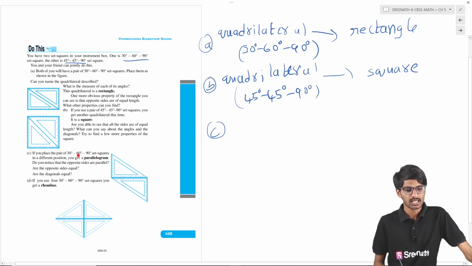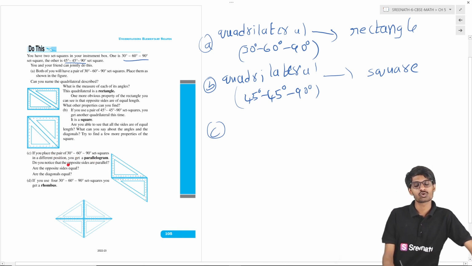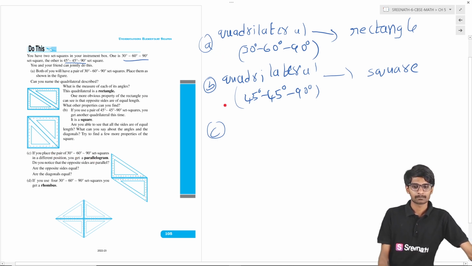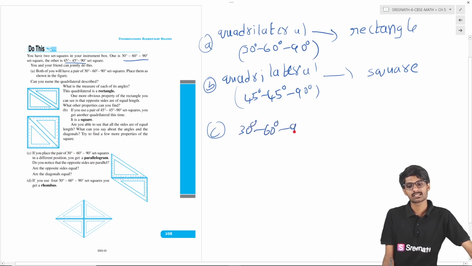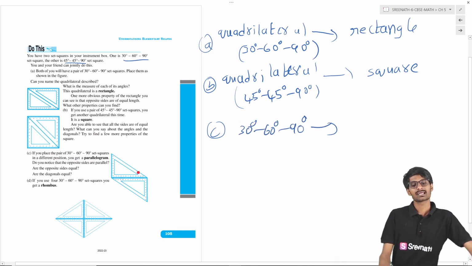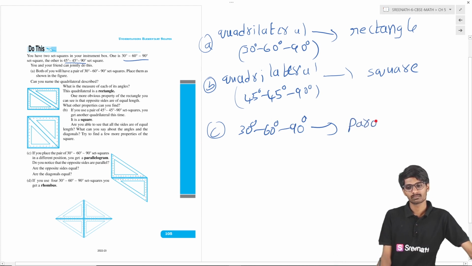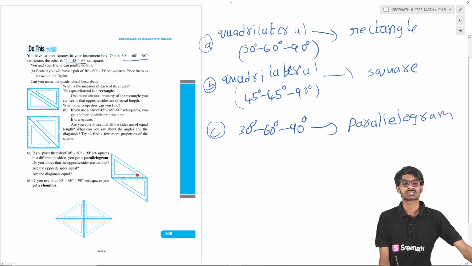If you place the pair of 30 degree set squares in different positions, using these 30 degrees, 60 degrees, 90 degrees set squares you can again construct a parallelogram also, students, which looks like this.